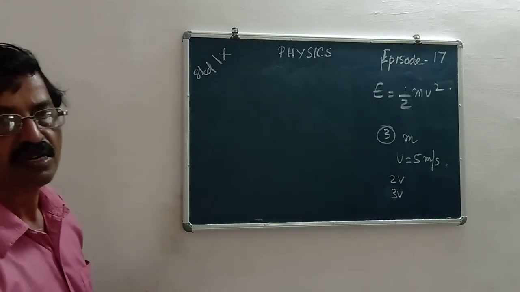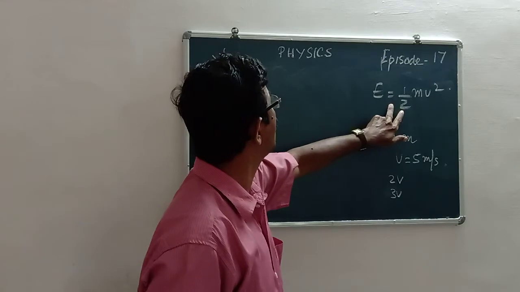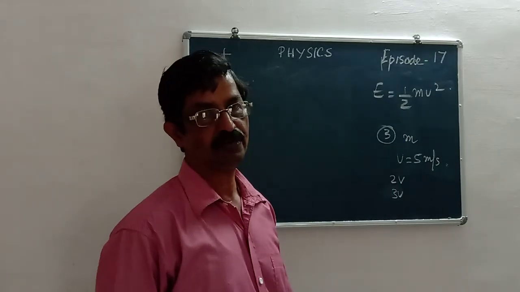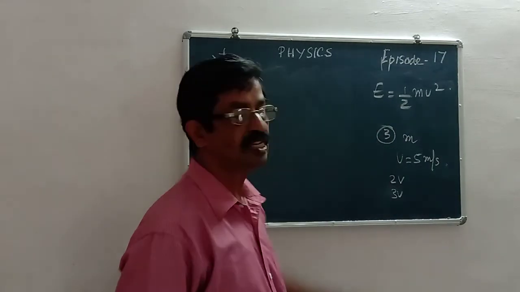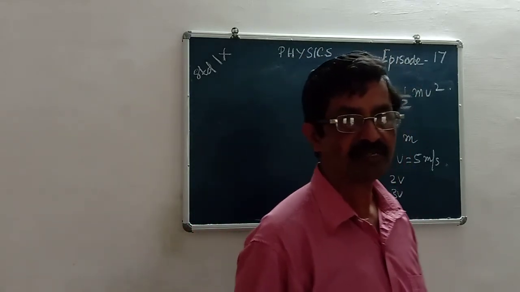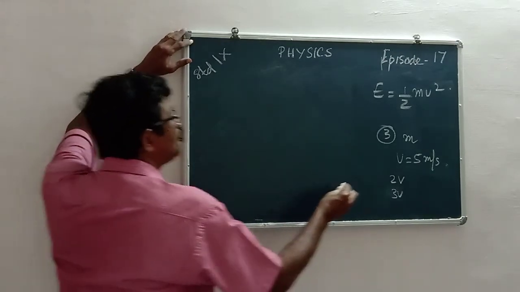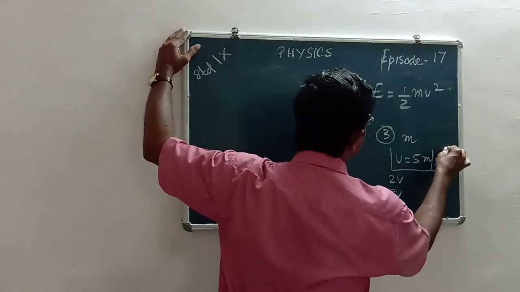We know kinetic energy is equal to half m v square. We know the relation. In the first case, it is moving with a velocity of 5 meters per second.